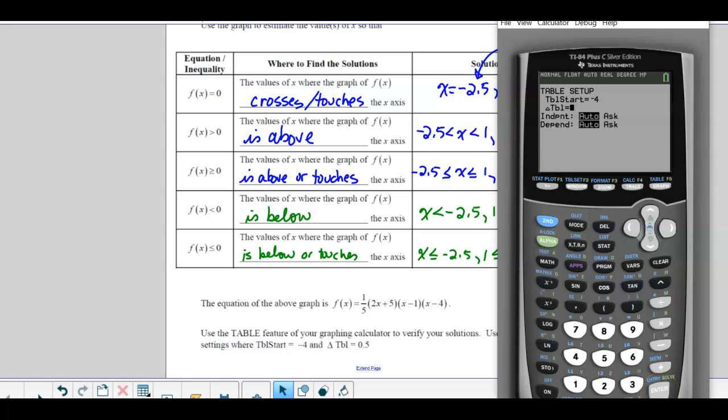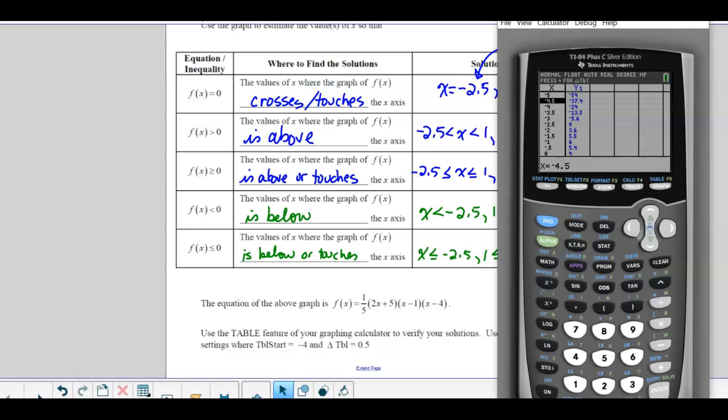Enter on that, and now I'm going to change that to 0.5. I think the default setting is going up by ones. Just leave these as they are. Now, if I go to table, you can see it goes up by 0.5s. If I cursor up, it'll go more negative, so that starting point of -4 doesn't really matter. But now I can see more values. You could go up by 0.1s or whatever. But this is basically a table of values for your graph.